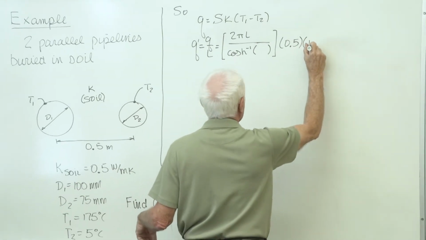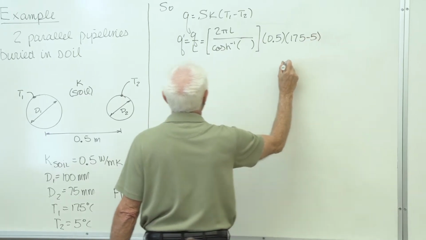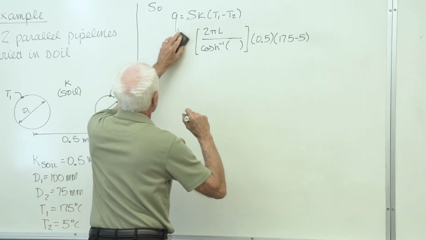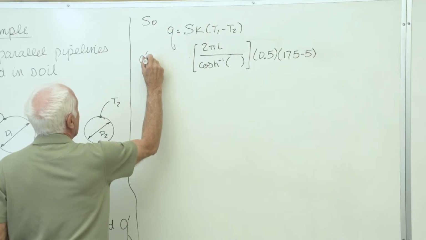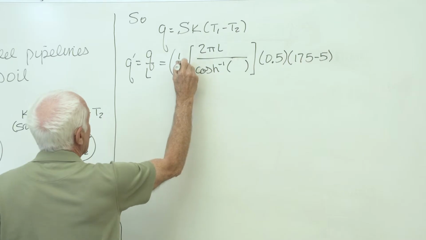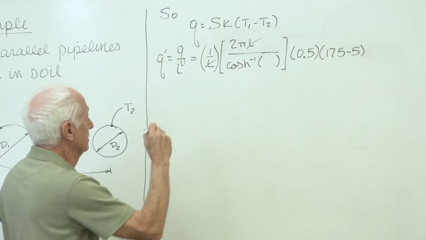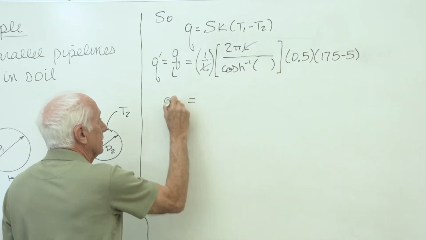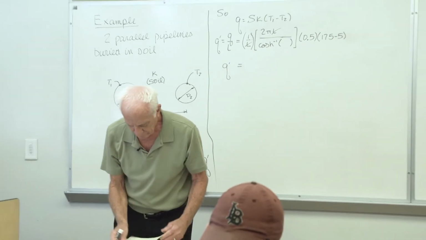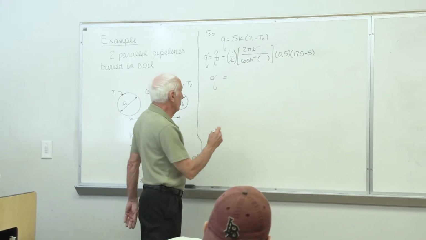T1 given 175, T2 given 5. Cancel, cancel. The L's cancel out, of course. Put the numbers in there, and we get for Q prime 110 watts per meter.